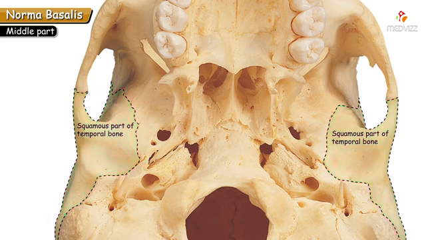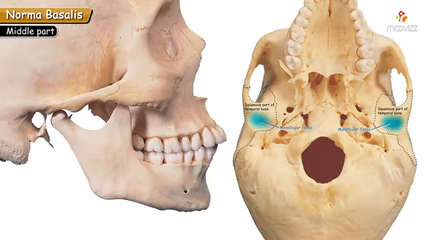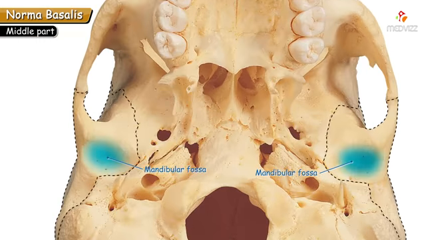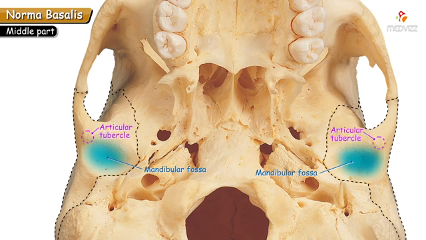That squamous part makes a depression called the mandibular fossa, and this mandibular fossa articulates with the head of the mandible to form the temporomandibular joint. Anterior to this mandibular fossa, the small bony elevation is the articular tubercle.